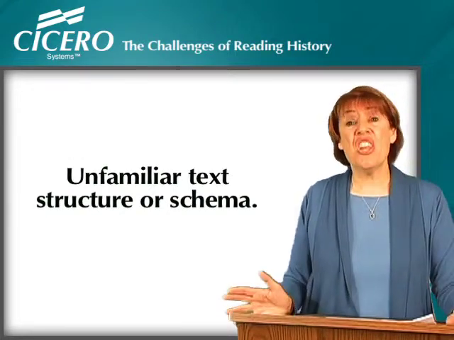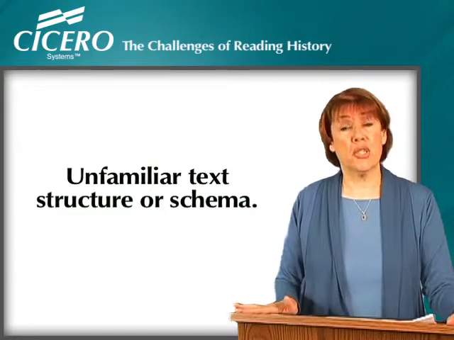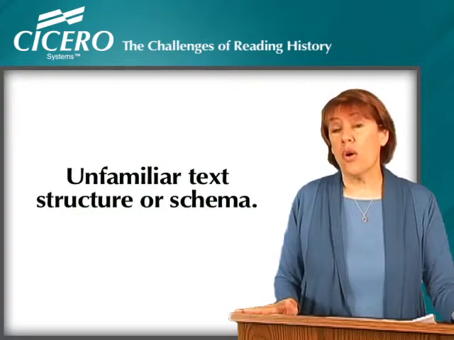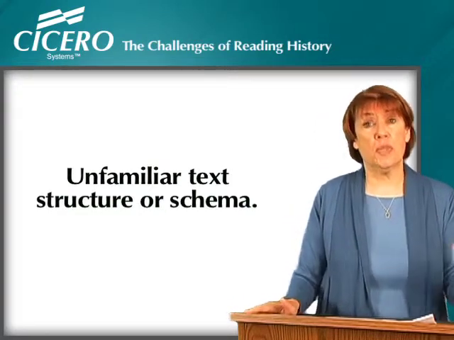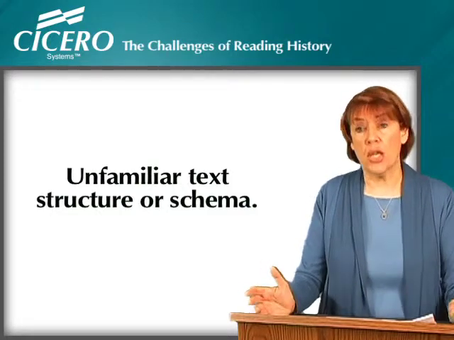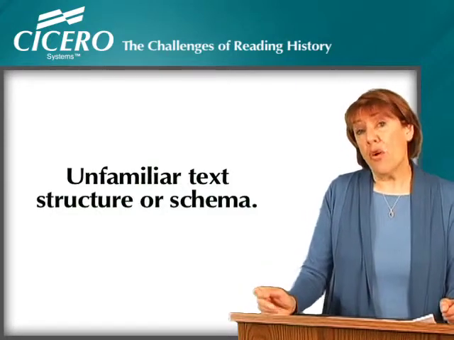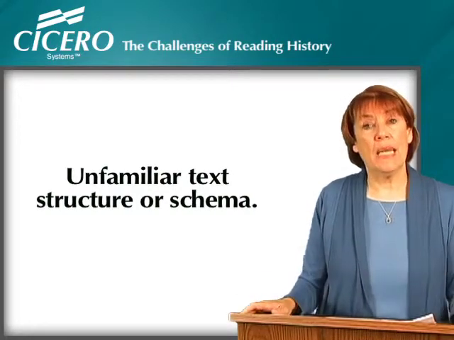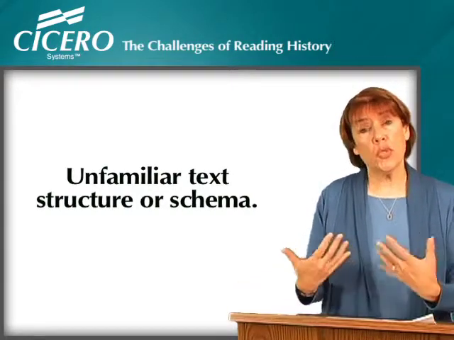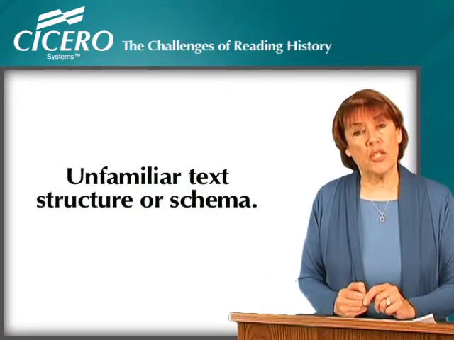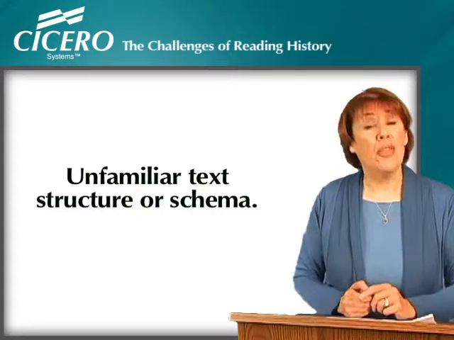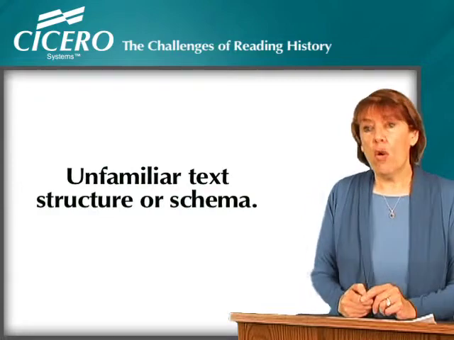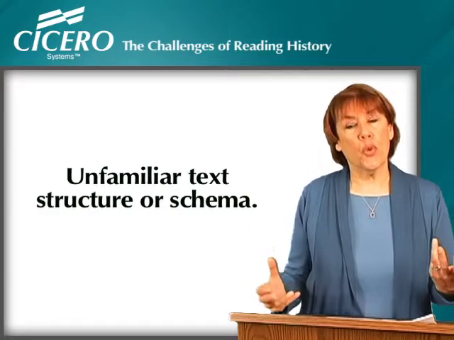It can have one of a number of different organizational patterns, things like cause and effect, description, problem solution, chronology. And often more than one pattern is evident in any particular text. So when students come to reading informational text, i.e. anything in history, they're often not sure how it's organized.